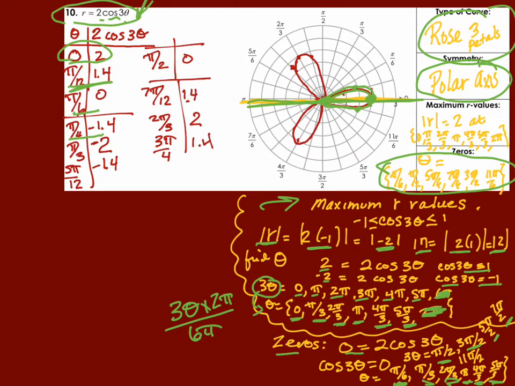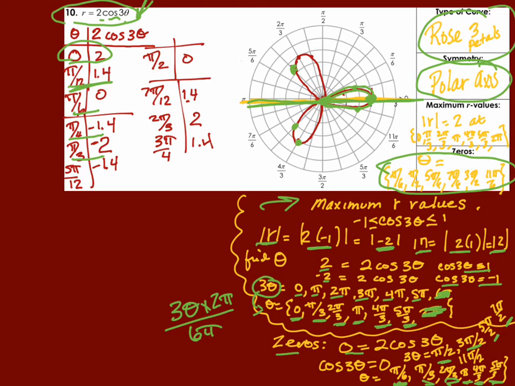All right, so I was up to pi over 6, and now I'm going to go to pi over 4. And at pi over 4, it's negative 1.4. So there I have negative 1.4 right here. Okay, and across the axis, it would be all the way up here. So there's my 2 points there. Next, at pi over 3, I have negative 2, so I go backwards, and it's one of my maximum values.